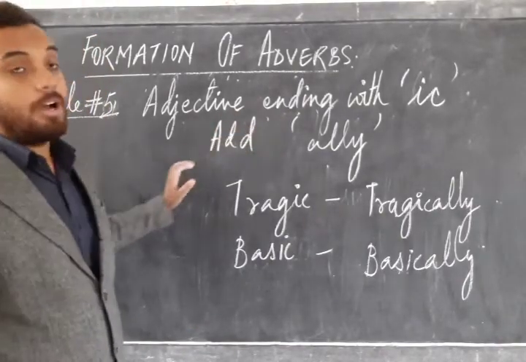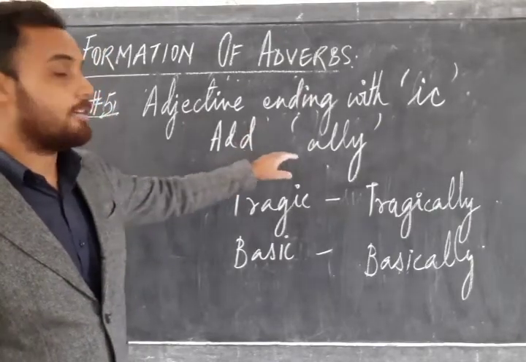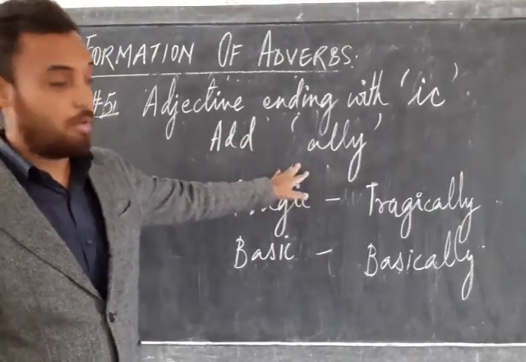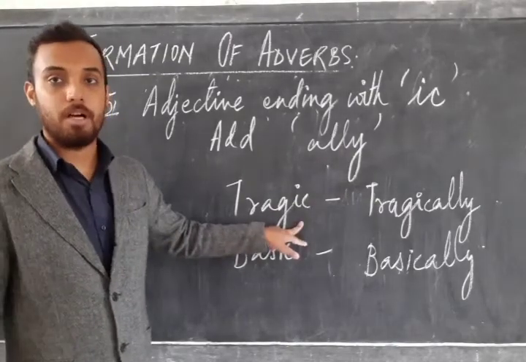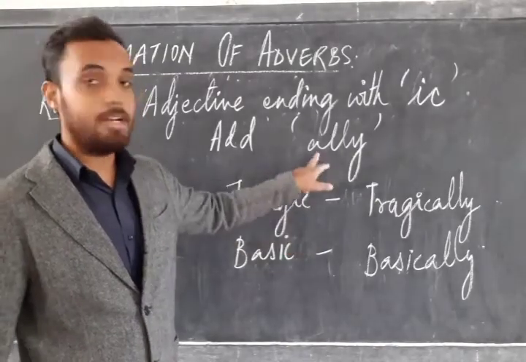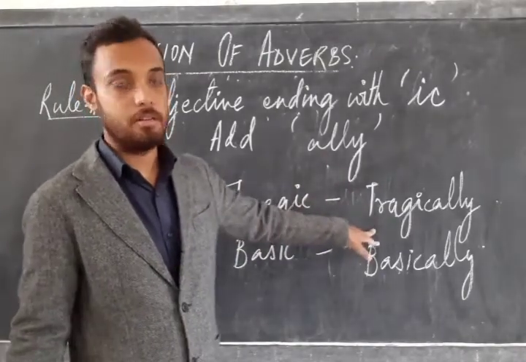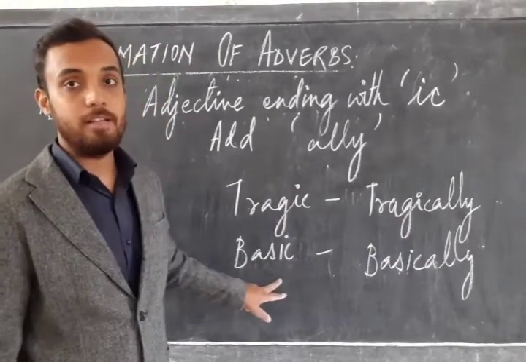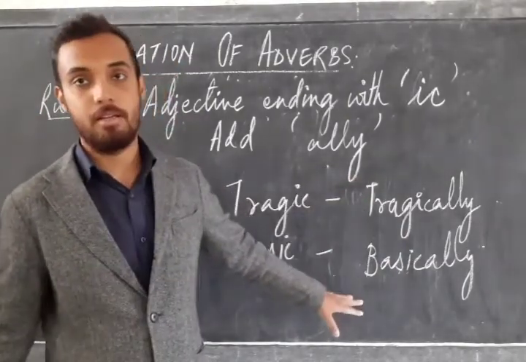Rule number 5 says adjective ending with IC. What do we have to do? We have to add ALLY. Again, example, tragic ends with IC, we have to add ALLY. Tragic becomes tragically. Basic, adding ALLY, becomes basically.